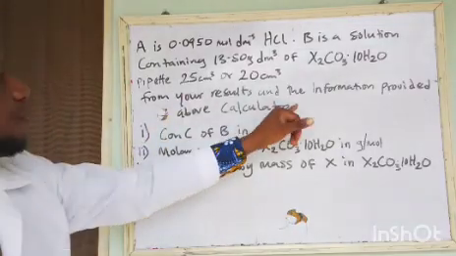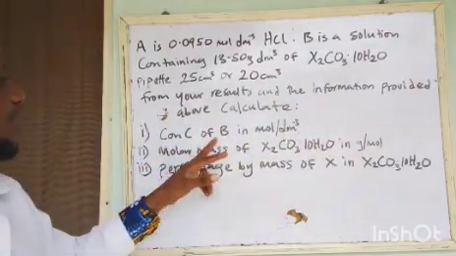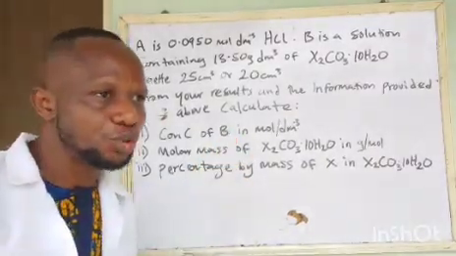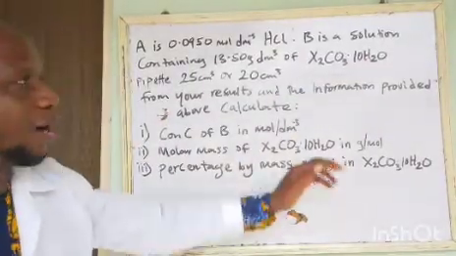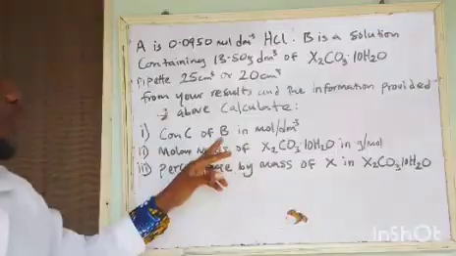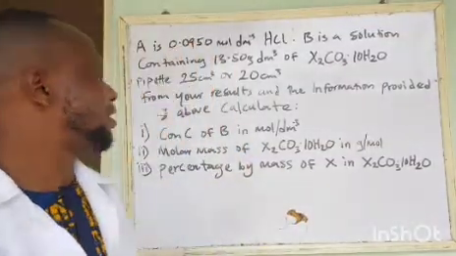Now, from your results and information provided above, calculate one: concentration of B. B is talking about the base used, which is a hydrated carbonate salt. So, concentration of B in mole per dm cube.